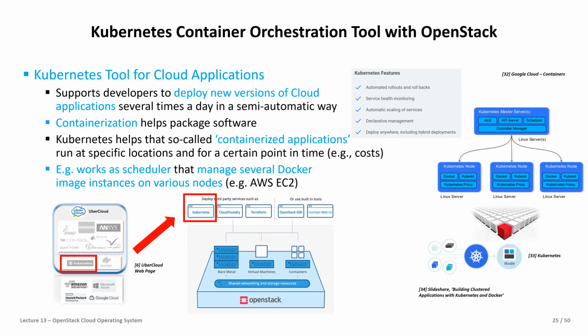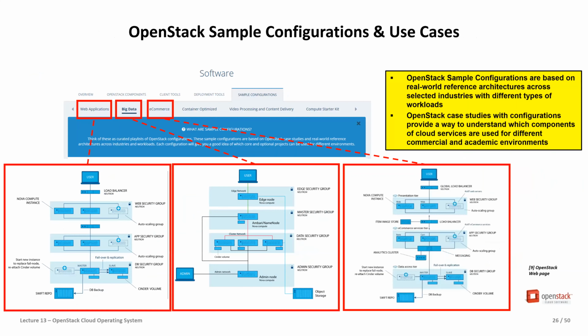Hence, OpenStack also supports this paradigm of using not only Kubernetes but also containerized applications, in order to really leverage the cluster. And this is something where OpenStack has several different components that you can use for making it happen.